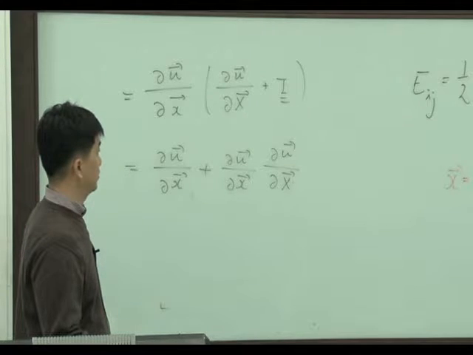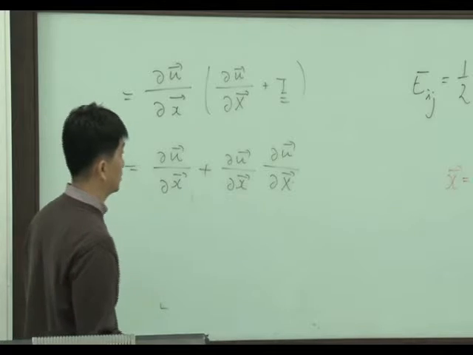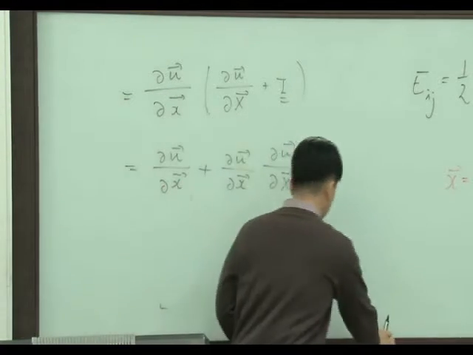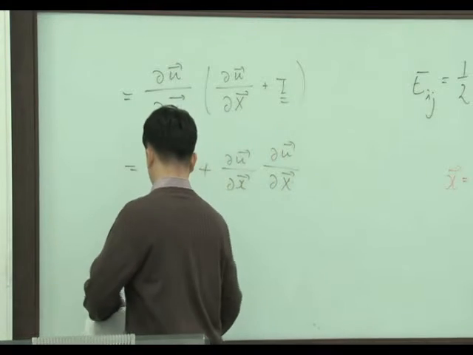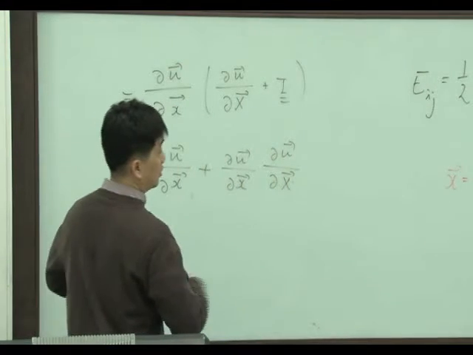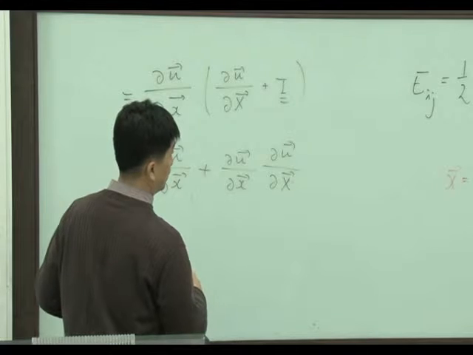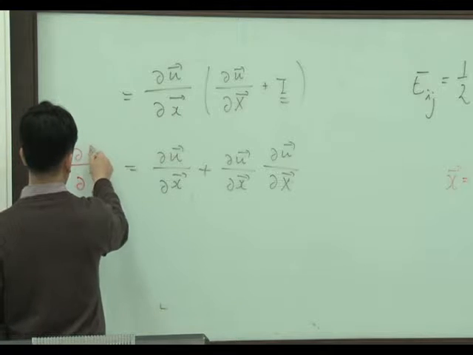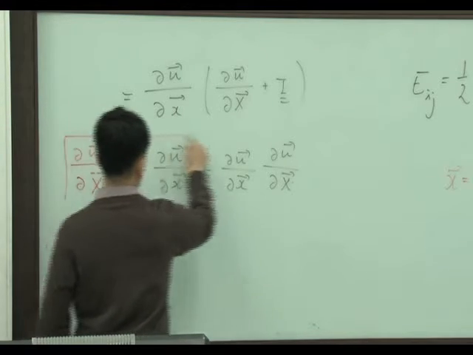So, let's consider this equation. Finally, what we have is partial X u, partial x u, this one.